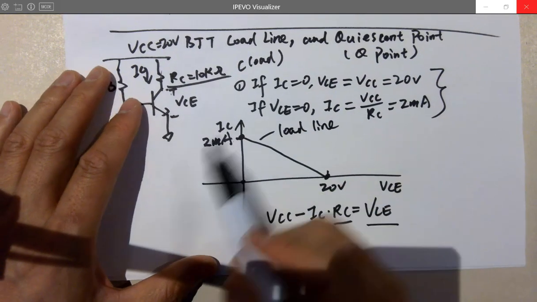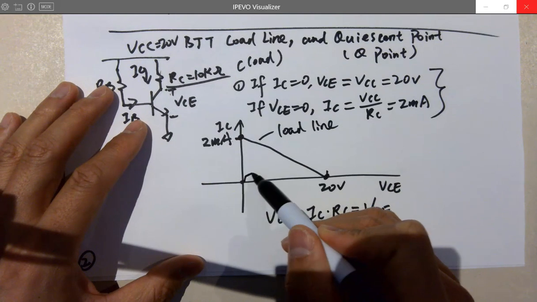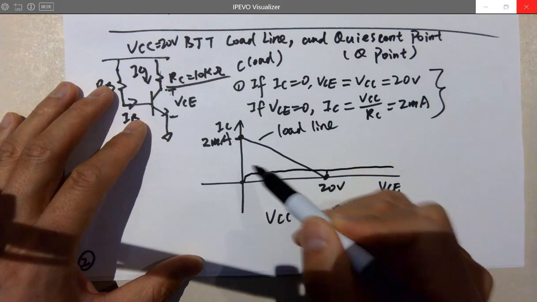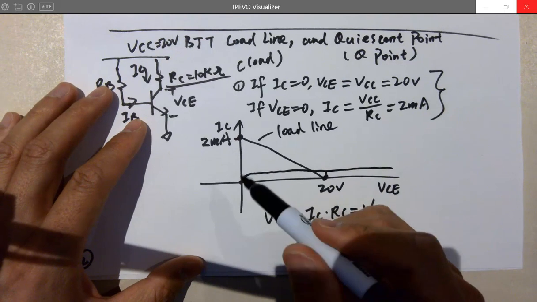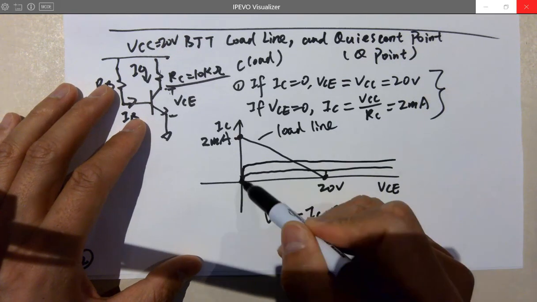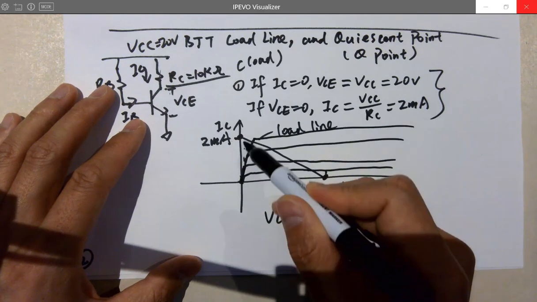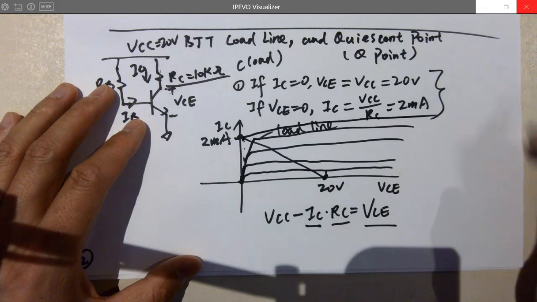And because of VCE and IC for this transistor, whenever it's being operated, the IV curves of this BJT look like this, right? Like this.